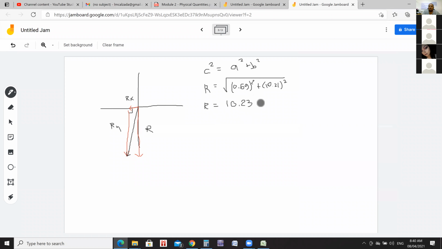At least we have the same answer. 10.23 Newton. So we have now solved the resultant.